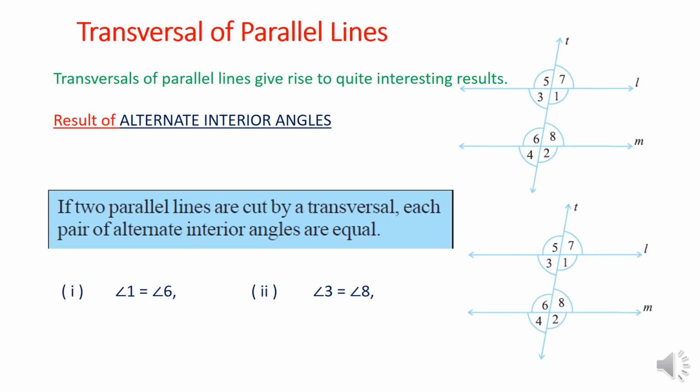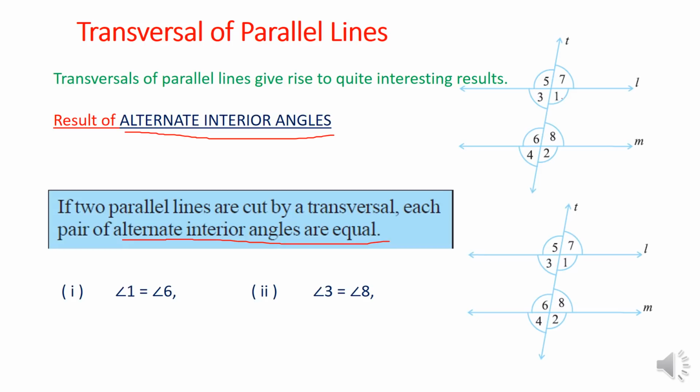Now, let us see the next interesting result of a transversal of parallel lines, for alternate interior angles. If two parallel lines are cut by a transversal, each pair of alternate interior angles is equal. What is an alternate interior angle?